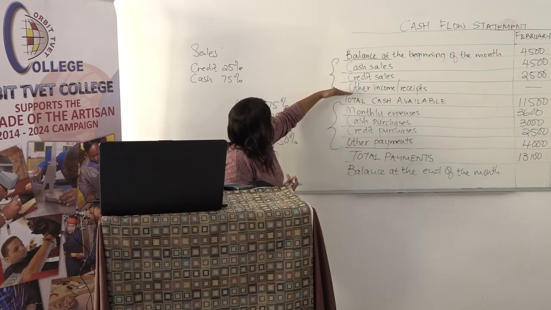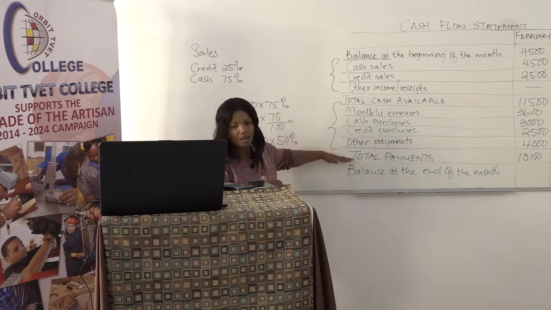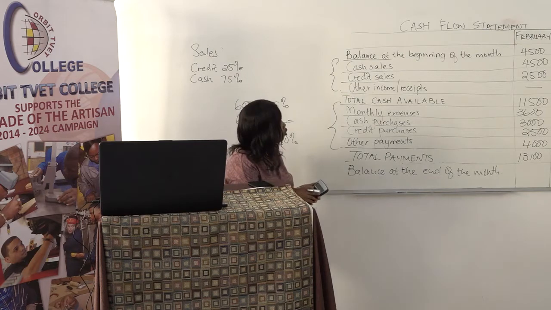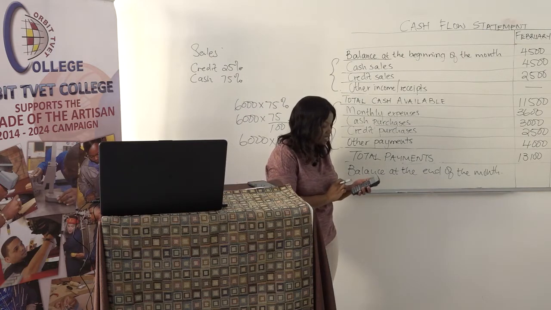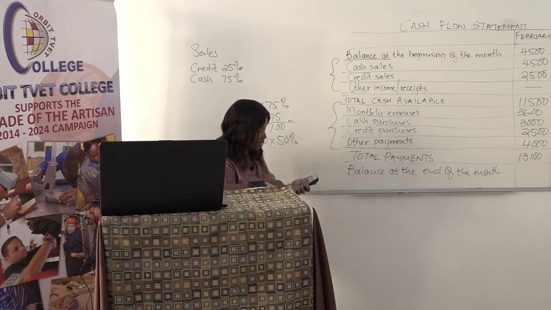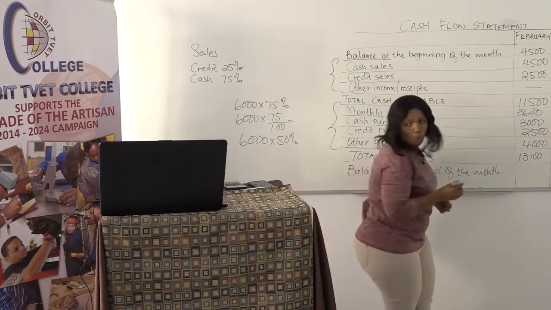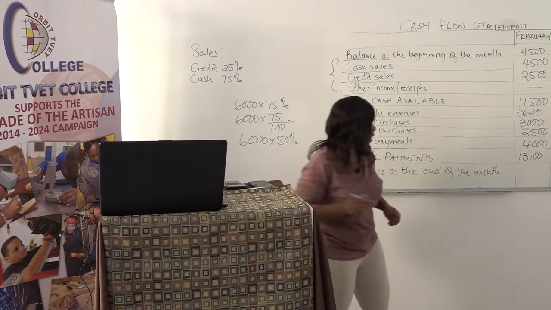It is total cash available less total payments. Now our total cash available, remember I said it's 11,500 less 13,100. Then it gives us a negative amount of 1,600 rand.